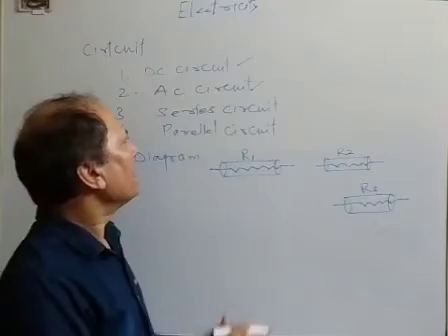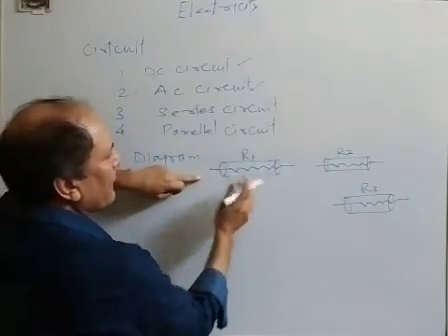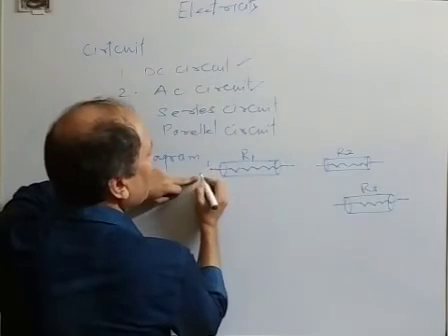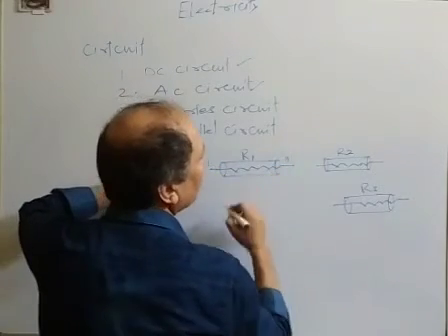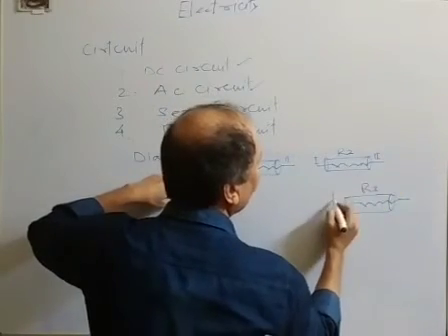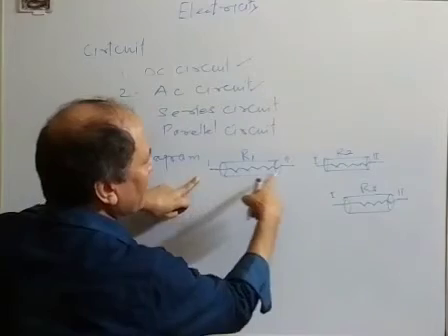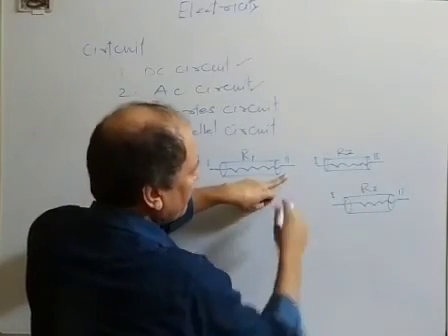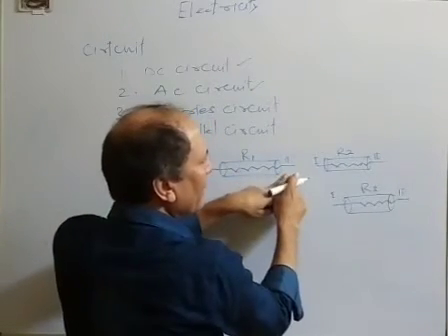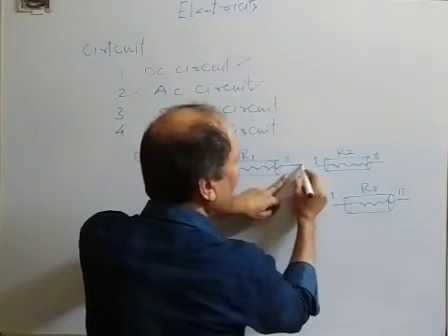So for series pattern, we will connect them. First terminal, second terminal, first terminal, second terminal, first terminal, second terminal. So second terminal of first resistor is connected with first terminal of second resistor.